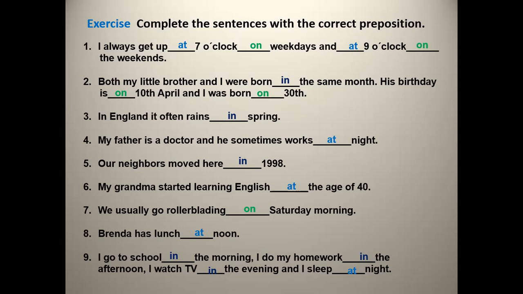We usually go rollerblading on Saturday morning. Brenda has lunch at noon. I go to school in the morning. I do my homework in the afternoon. I watch TV in the evening and I sleep at night. Okay, look, we are using the three prepositions of time and place.